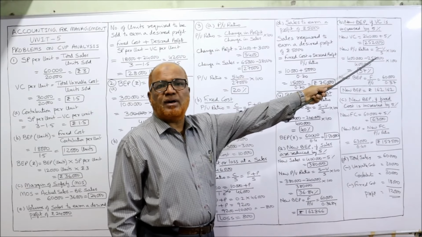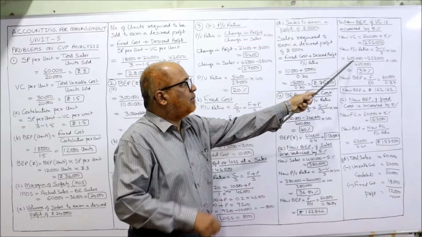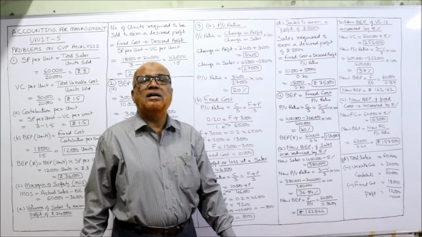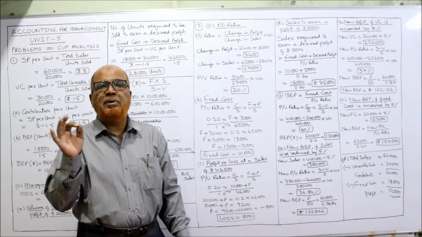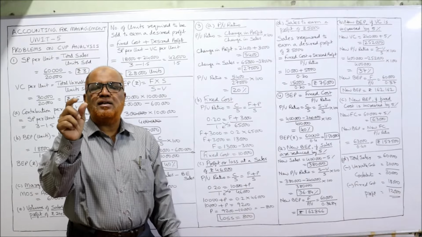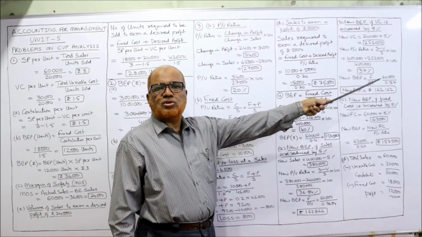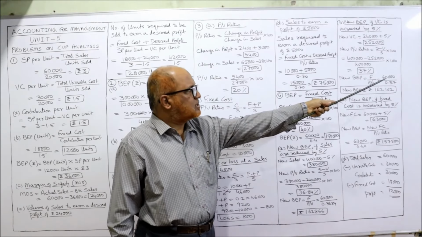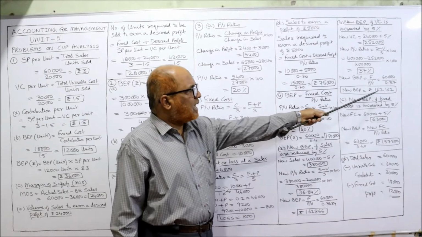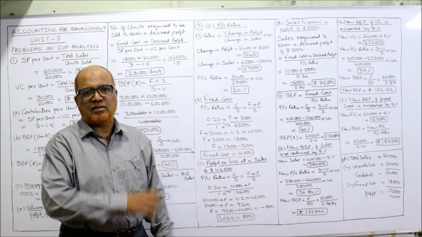PV ratio formula is S minus V by S. Sales remain the same, 4 lakh. Variable cost has changed. 2,52,000 divided by 4 lakh into 100. 37% is the new PV ratio. We can take 37% or we can take 0.37. Both mean the same. The new BEP: no change in fixed cost. 60,000 divided by 0.37. You will get 1,62,162. This is the new break-even point.